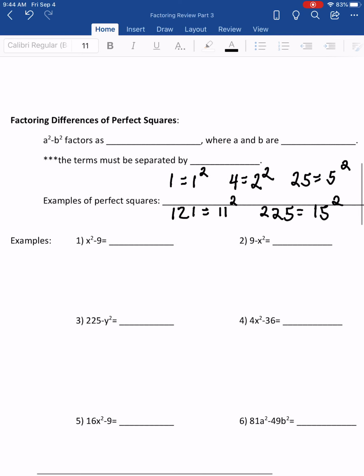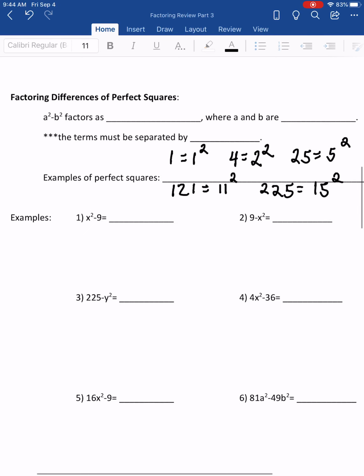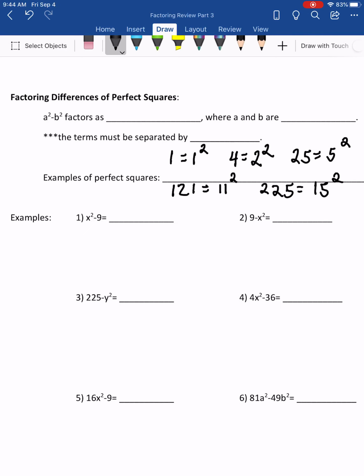So let's go back. So difference of perfect squares. If we have something squared, all right, a here is just any number, b here's any other number. If we have something squared minus something squared, again, difference, it's going to factor as a plus b times a minus b.